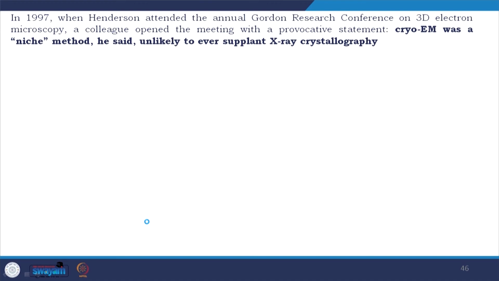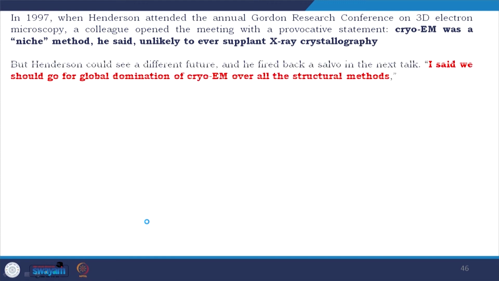He said, unlikely to ever supplant X-ray crystallography. But Henderson could see a different future, and he fired back a salvo in the next talk. I said, we should go for global domination of cryo-EM over all the structural methods.